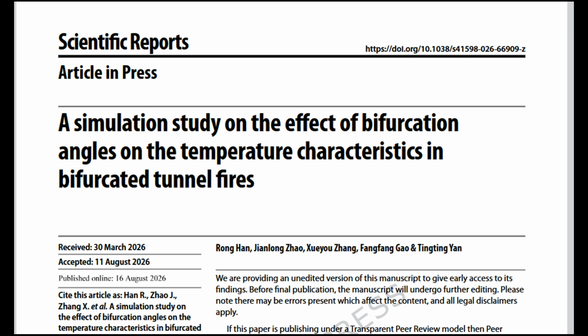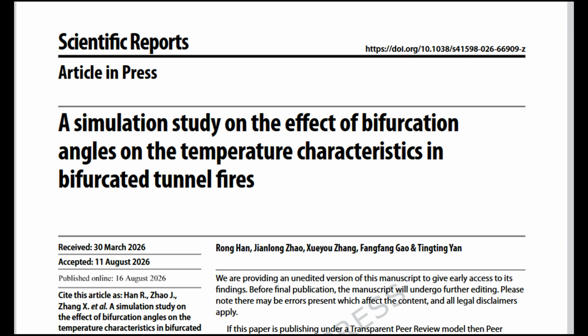But as the angle sharpened, this initial decay rate plummeted. At 45 degrees, it dropped to 1.99, at 60 degrees, it fell to 1.67, and at the sharp 90-degree junction, it bottomed out at just 1.40. This represents a staggering 37% decrease in the cooling rate.